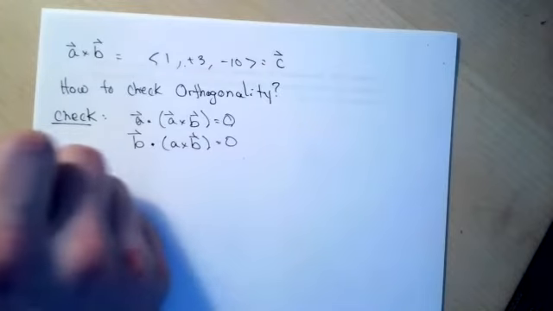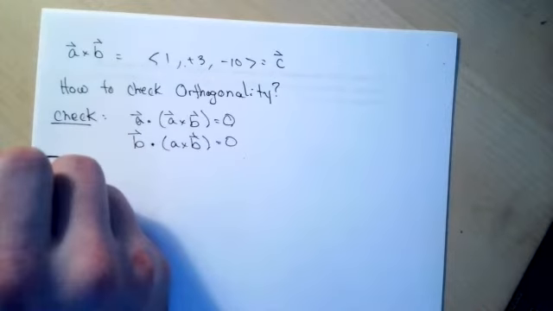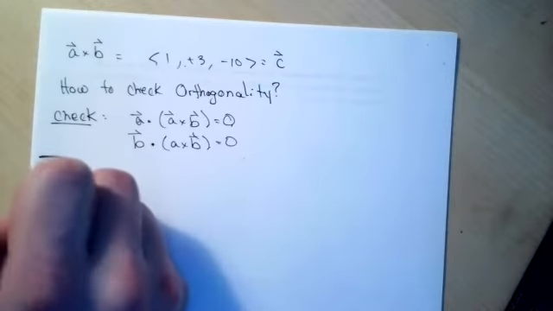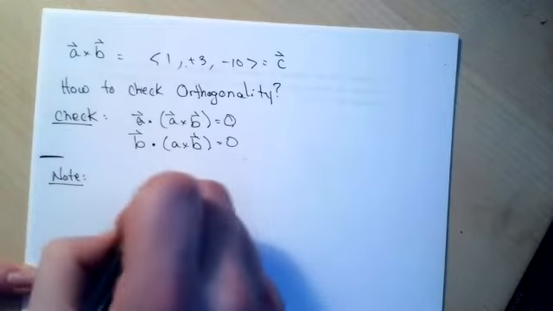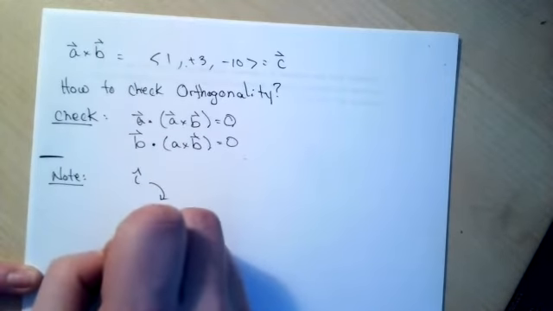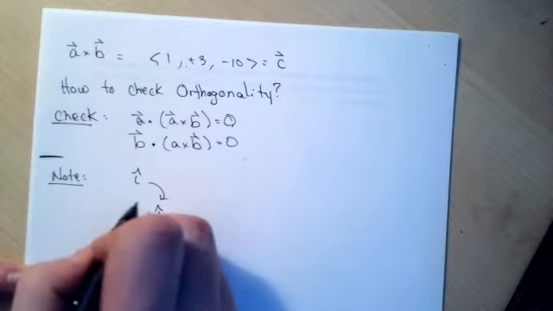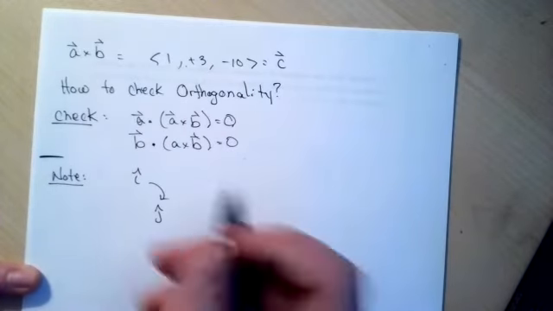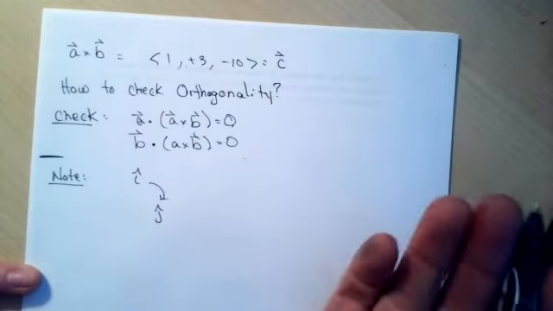So, other things to note: our standard unit vectors follow this right-hand rule. So i points in the x direction, j points in the y direction.